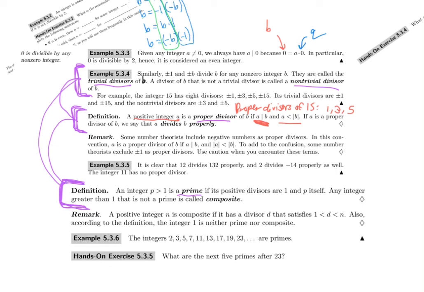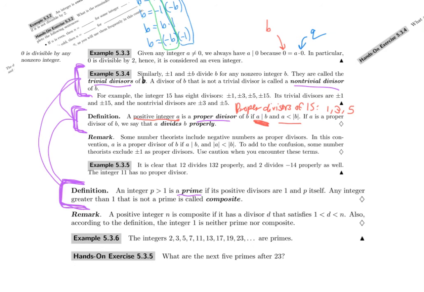What are examples of prime numbers? Well, the integers 2, 3, 5, 7, 11, 13, 17, 19, and 23 are all prime. In other words, their only positive divisors are 1 and p themselves. We say that a positive integer is composite if it has a divisor that's greater than 1 and strictly less than that number.